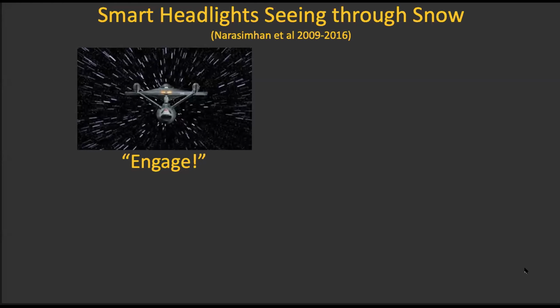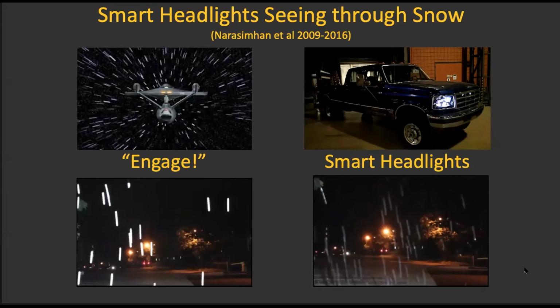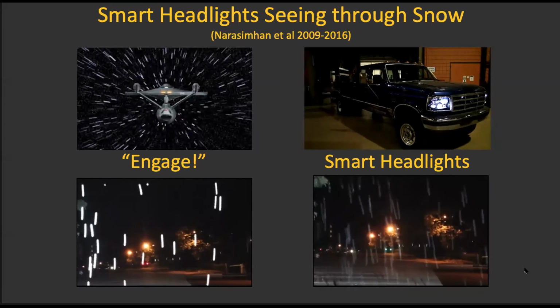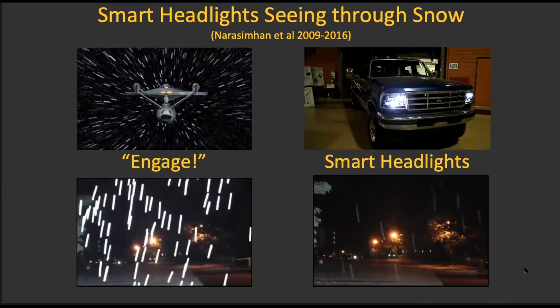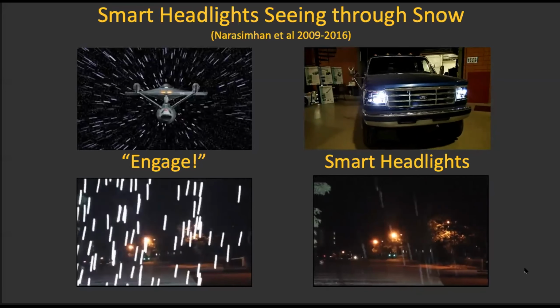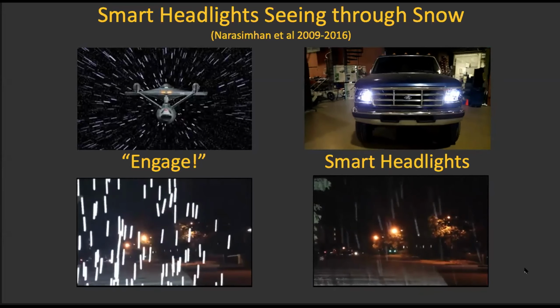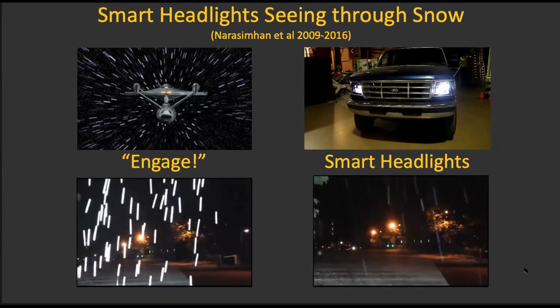But what you would see is the same effect as when you are driving in snow. If you're driving at night in snow, all the snowflakes come straight towards you, and it looks just like that. That's what this reminded me of. In fact, we had a big project about building smart headlights that can help you see through snow and rain, giving much better visibility to the driver.